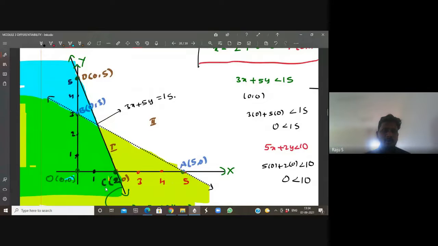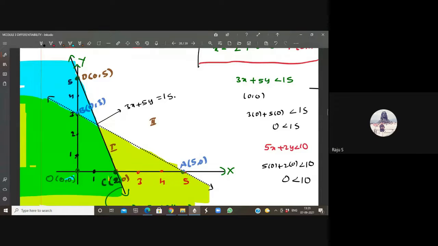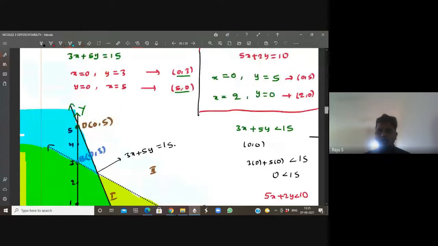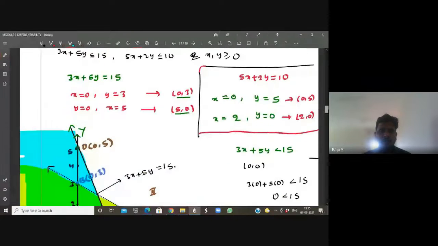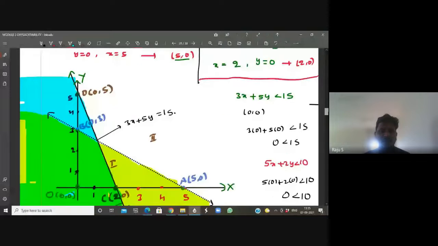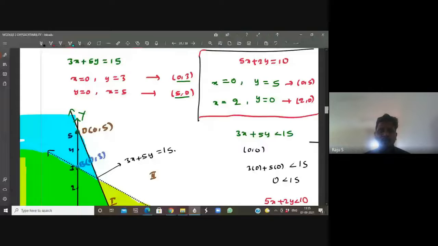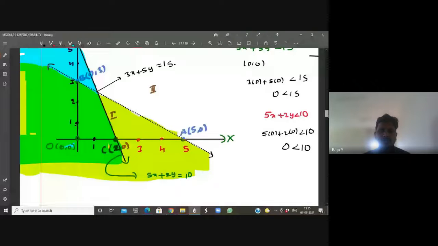Now coming to next, we have drawn the graph of the lines, as well as we found the solution region for the inequalities.